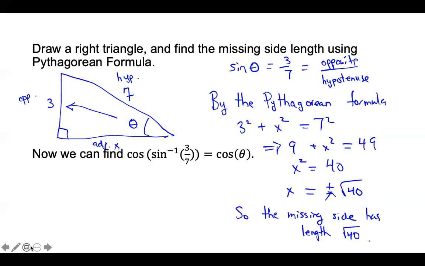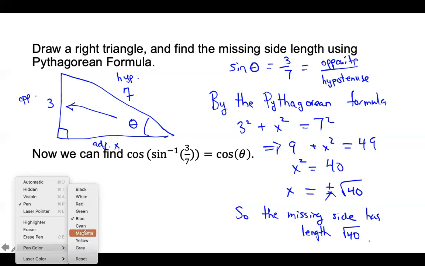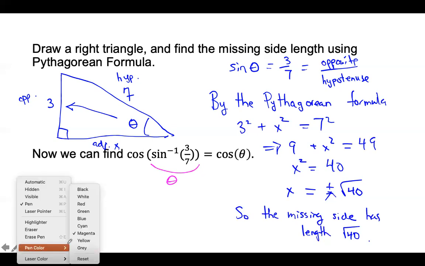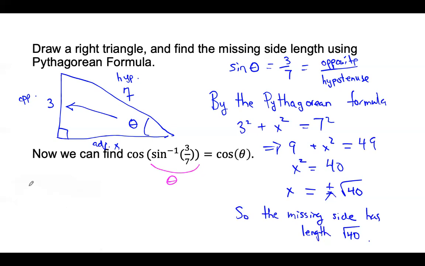Okay, so now if we remember, this was our theta, and it's equal to cos of theta by definition. So we have our cos of theta is equal to adjacent over our hypotenuse.